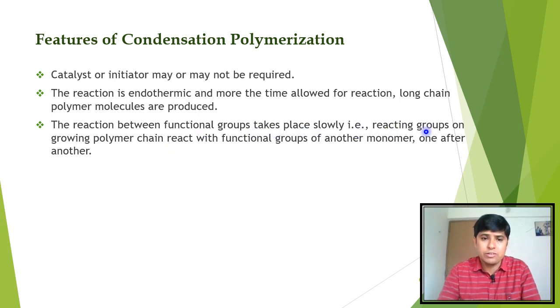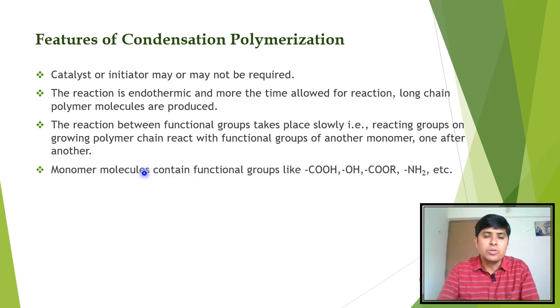That is, reacting groups on the growing polymer chain react with the functional group of another monomer one after another. Monomer molecules contain functional groups like COOH, OH, COOR, NH2, etc. That is, carboxylic acid, hydroxyl, ester or amine.